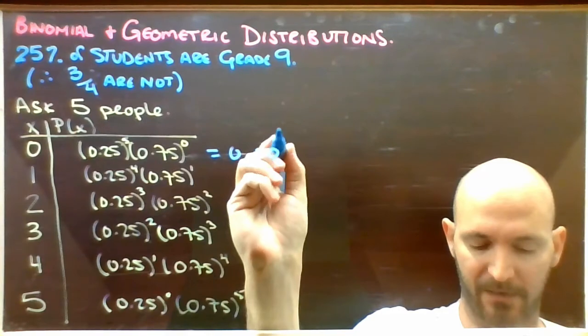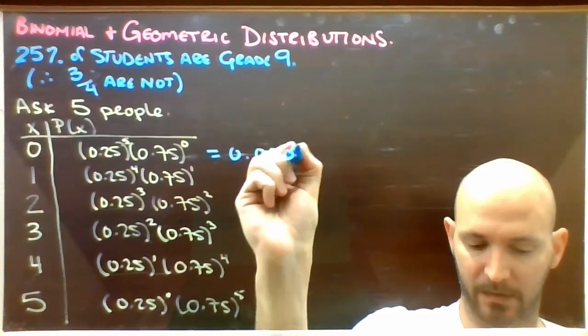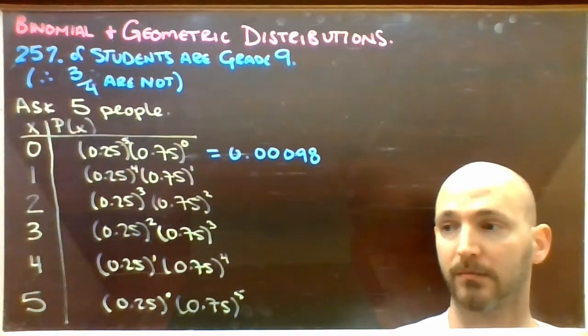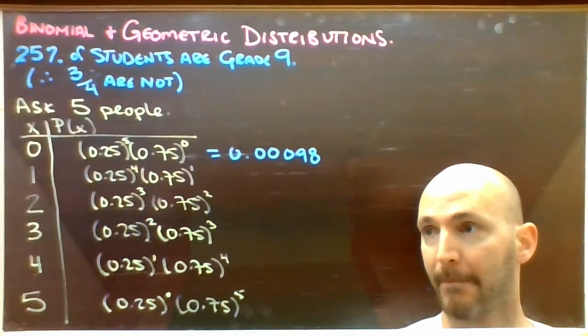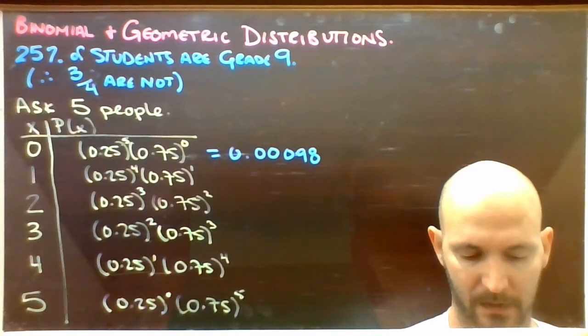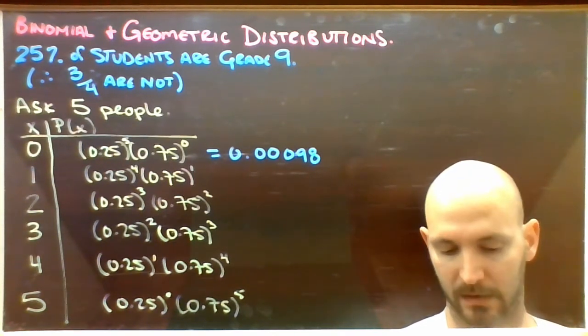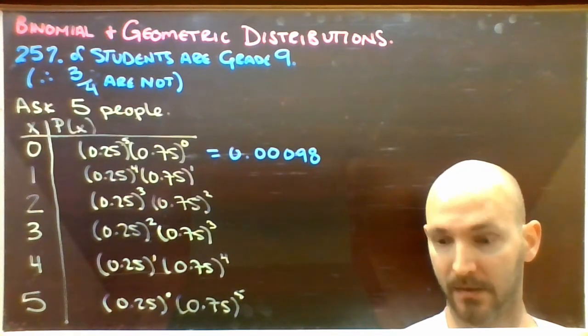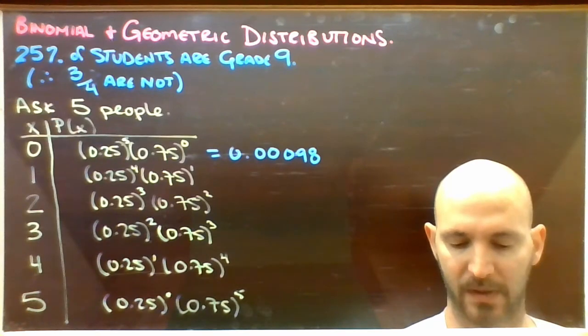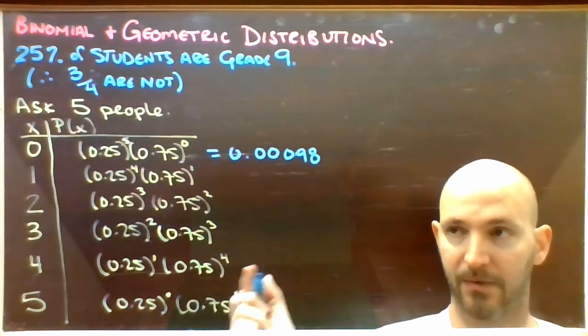I'll just keep 5 digits for this one: 0.00098. If I were to go and do this row, 0.25 to the exponent 4, multiplied by 0.75 is 0.00293.